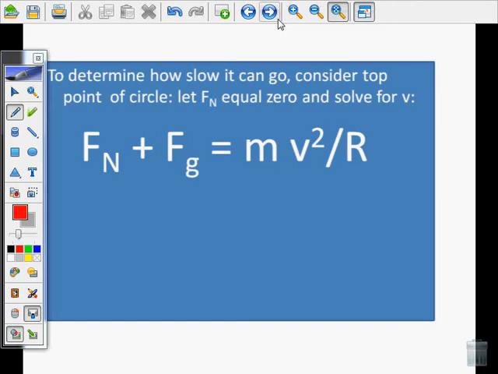I saw it. So to determine how slow we can go, consider the top point of the circle and let Fn equal 0 and solve for the velocity.